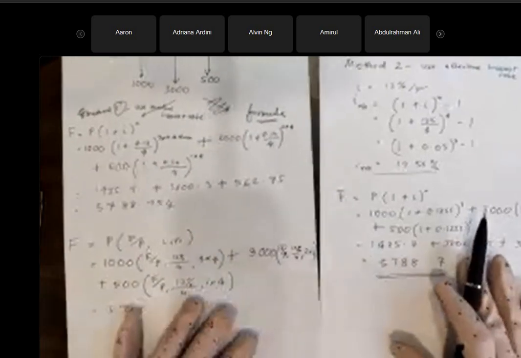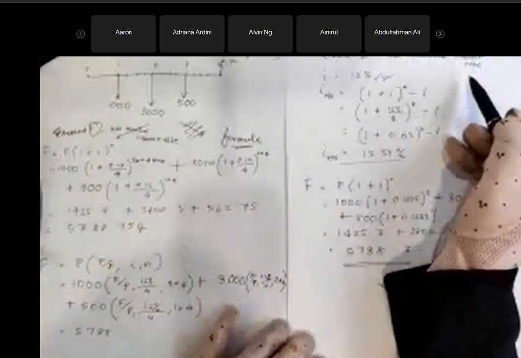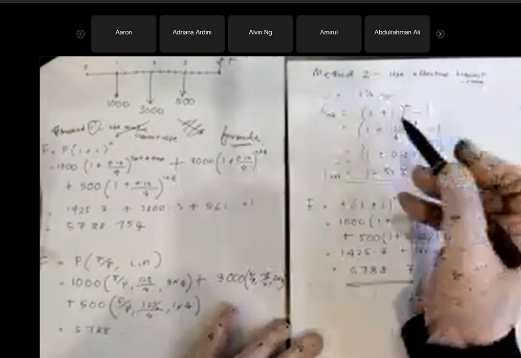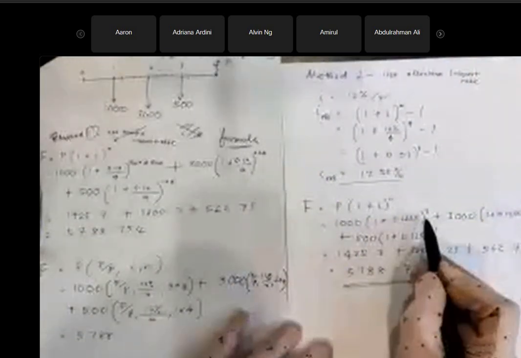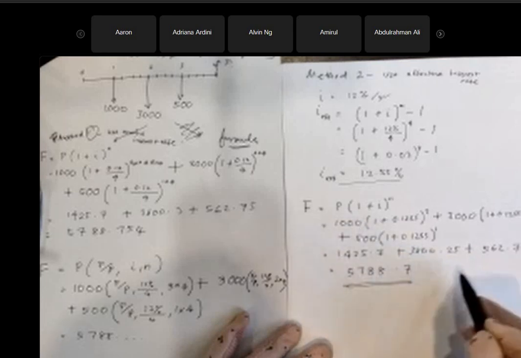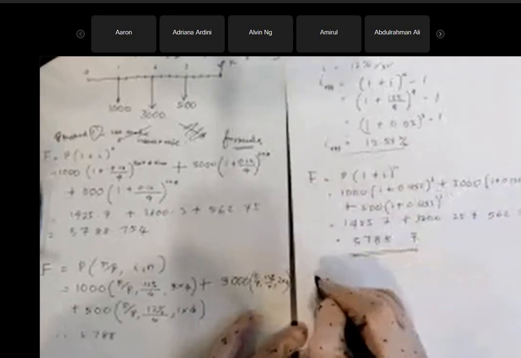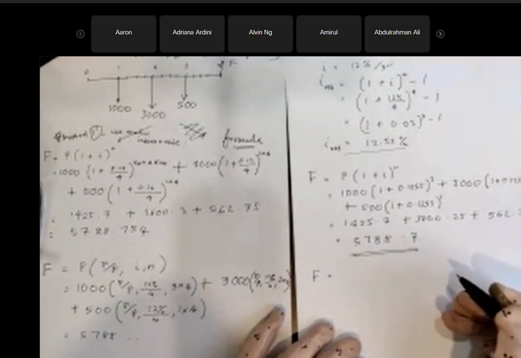Method 2 is using the effective interest rate. After you calculate the I effective, you use the formula. What happens if I want to use the table? I forgot there is another table. How to do it?